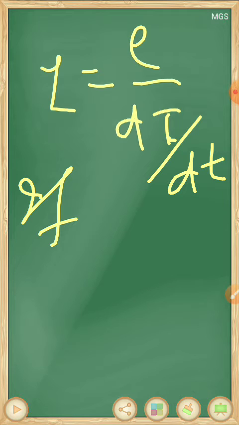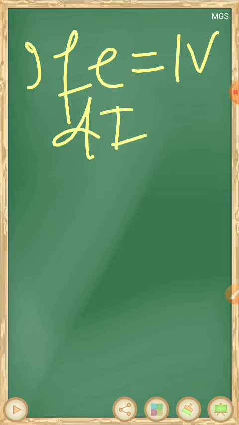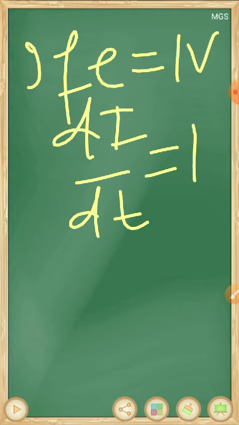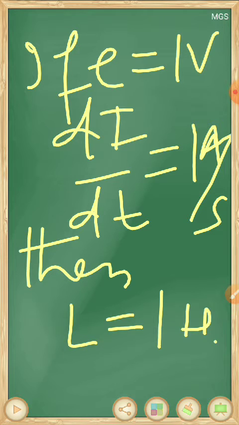So if E is equal to 1 volt and di by dt is equal to 1 ampere per second, then L is equal to 1 Henry. So self-inductance of a coil is said to be 1 Henry if an induced EMF of 1 volt is produced across it due to unit rate of change of current through it.